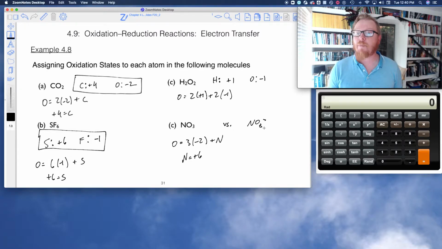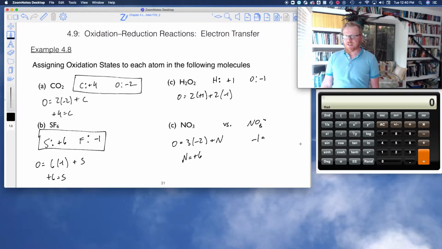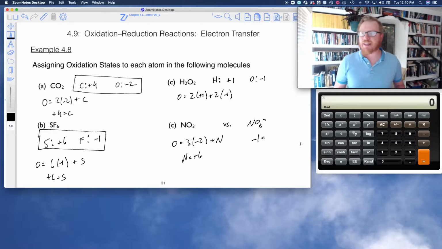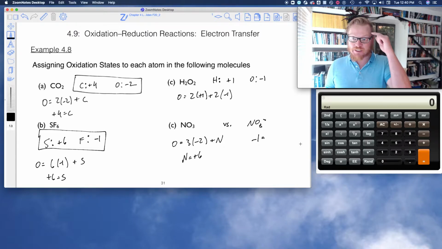Well, what about nitrate? The nitrate ion. Well, everything has to add up to -1. This entire NO3 minus is a -1 charge. So now we're going to actually start to see the bigger picture. Why do these polyatomic ions have a charge? The reason is, you have 3 oxygens, and they're each -2.